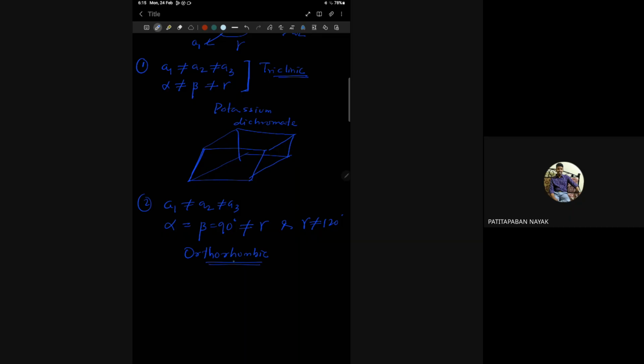What are the examples? Gallium, chlorine, iodine, bromine. These have this kind of crystal structure. Well, chlorine, bromine and iodine are not solids normally, but when they solidify, they will. Gallium is solid at low temperature, so it will get the orthorhombic structure.